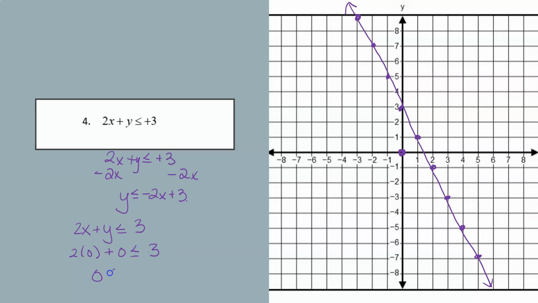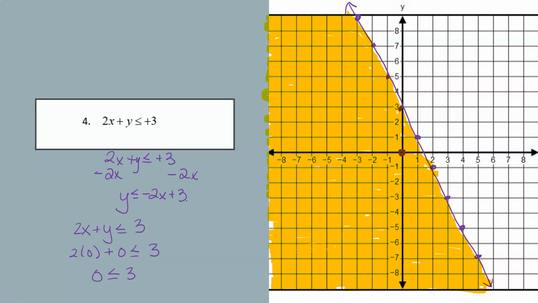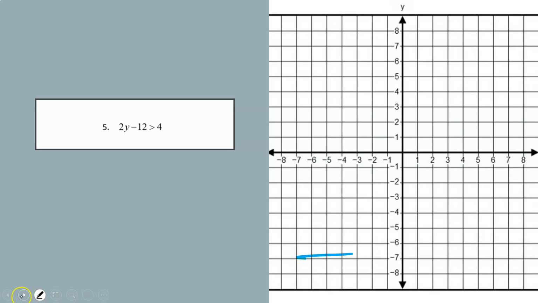So I have 0 is less than or equal to 3, which it is. So I'm going to color the side with the test point. So that's what it would look like. And remember, this is or equal to, so points on the line would be included in ordered pairs that would make this true.